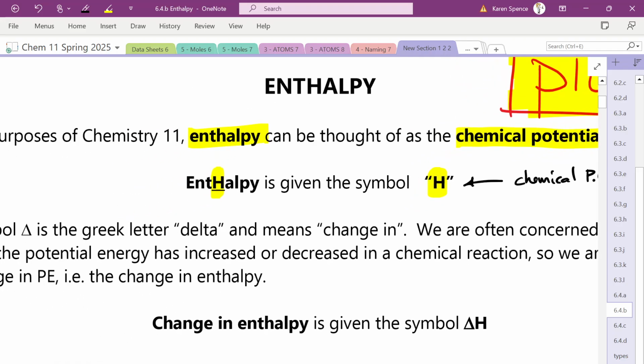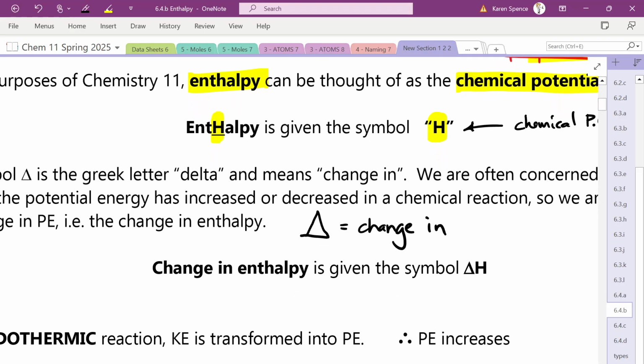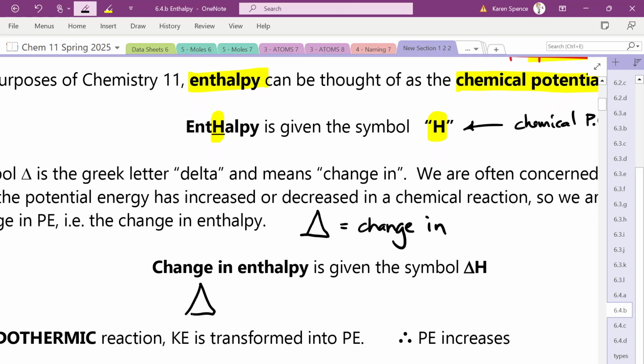And you guys are familiar with change in being represented by delta? How many people have seen delta to mean change in? If you don't know, delta means change in. And delta is a Greek letter, and it's just represented by a triangle, all right? So change in enthalpy is delta H.